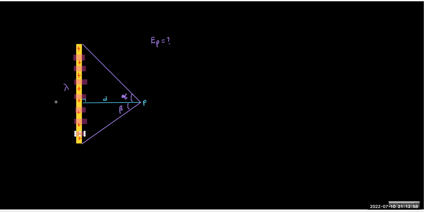So the distance of every elementary piece that you can potentially cut from the point P is the same or different? The distance between these elementary cuts, which behave as point charges, and the point P will be different, right? For sure.